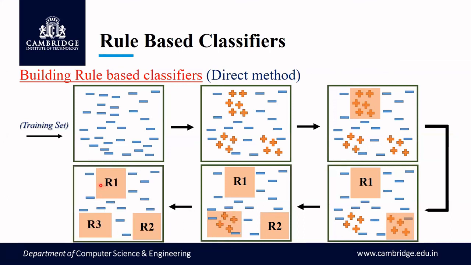Now for the class birds, I have 3 rules derived. These 3 rules will be listed in the order R1, R2, R3 in the decision list.